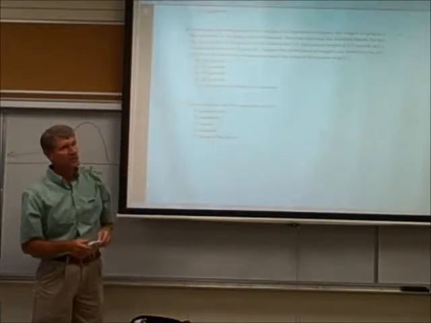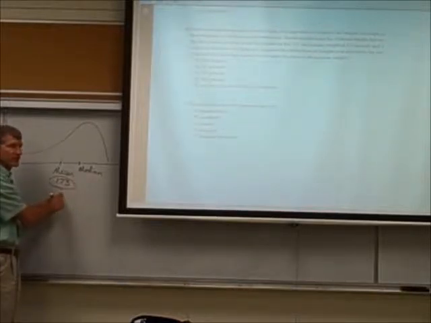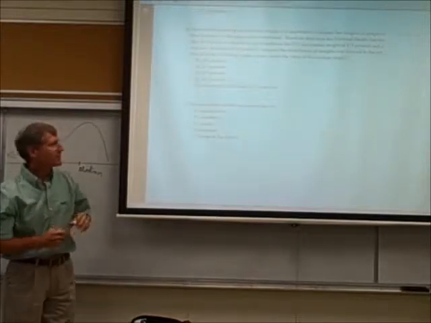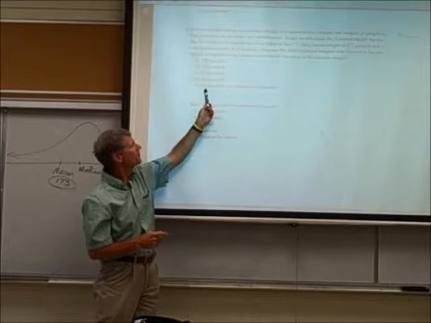So which value of these choices would work for the median? 188. 188 pounds is the only one of those that's bigger than 173. So the answer is A, 188. Now, I always get a little bit of argument from people, well, what about E?